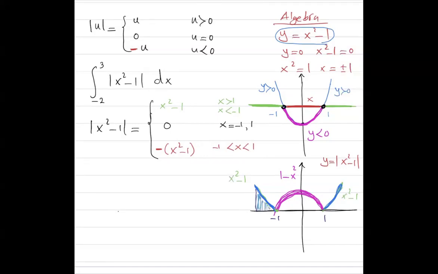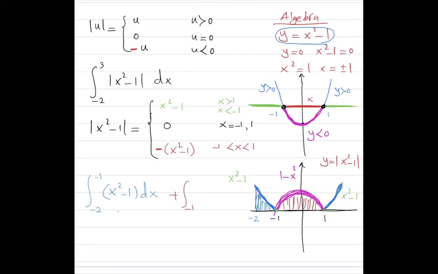So here we go. The integral can be written as the integral between -2 and -1 of x squared minus 1 dx, plus the second integral between -1 and 1, just this guy here.